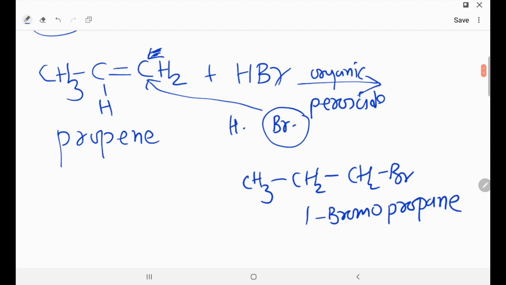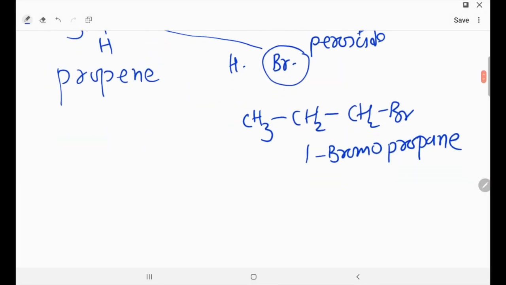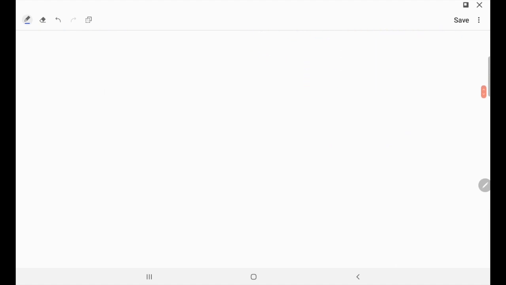So this concept was the easiest, and in today's class again we are going to deal with an easy concept, and that is Markovnikov addition. Suppose, with the same example, you are given CH3, C double bond C, here H2 and here one more H. You are given a propene molecule.